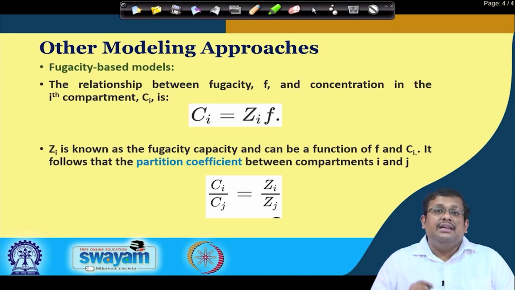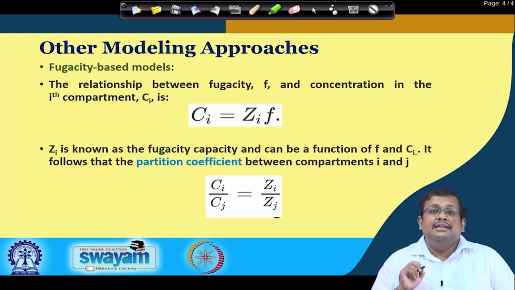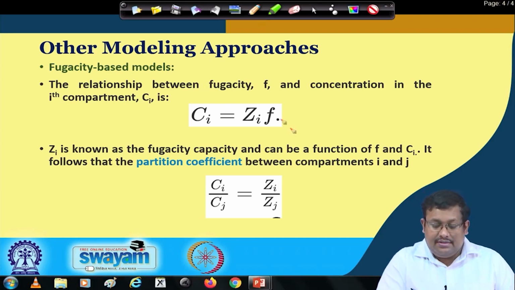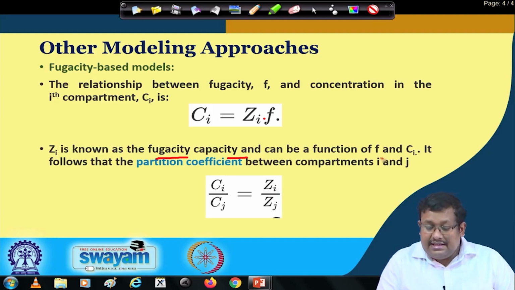Now remember that the relationship between the fugacity, which is basically denoted by small f, and concentration in the ith compartment. Let us consider there is an ith compartment, and the concentration in the ith compartment is Ci, then Ci can be expressed as Zi multiplied by f, where Zi is known as the fugacity capacity and can be a function of both f and Ci.